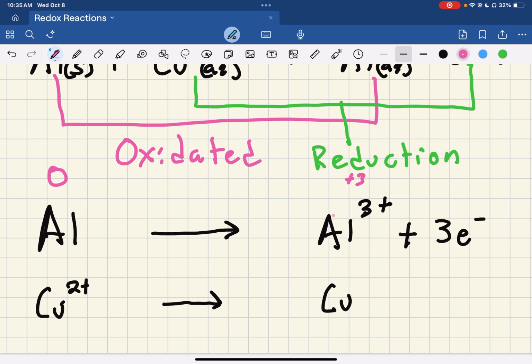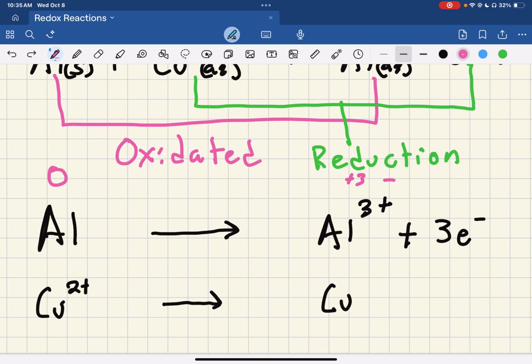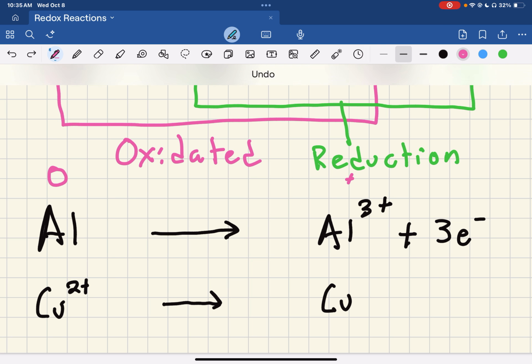So it's not balanced. In order for us to get this balanced, this side also has to equal 0. So if we add a negative 3, well, positive 3 plus negative 3 gives you 0. So now both sides are balanced in terms of charges. So we add 3 electrons to the product side of the equation. All right. Okay, so that one's done.